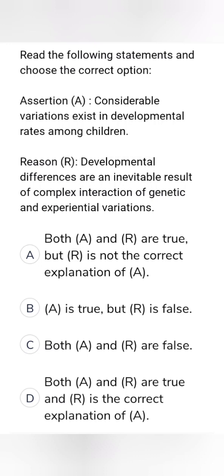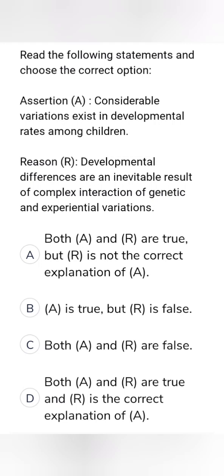Next question. Read the following statements and choose the correct option. Assertion A, considerable variations exist in developmental rates among children. Reason R, developmental differences are an inevitable result of complex interaction of genetic and experiential variation.